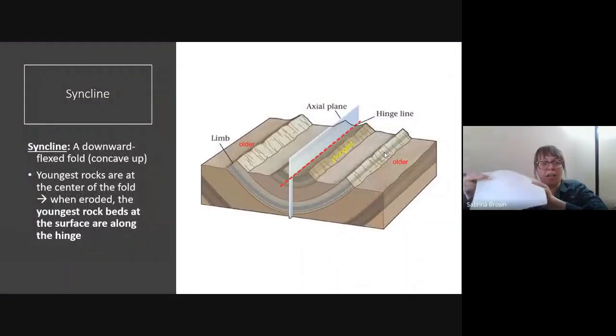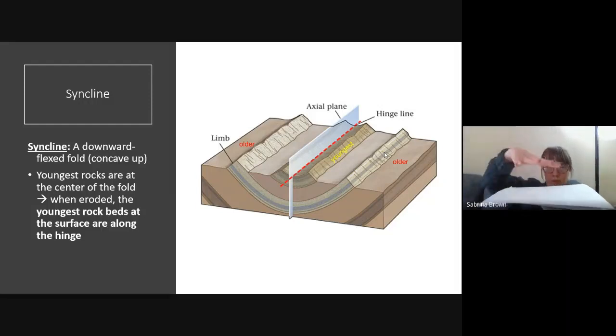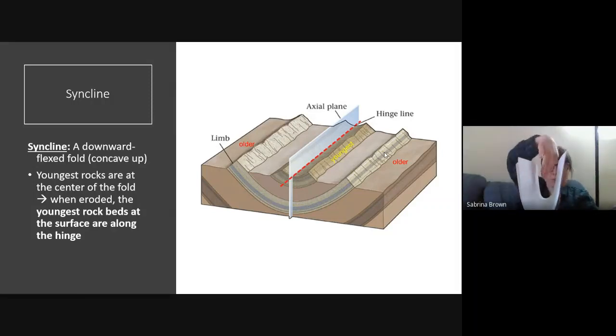Synclines are concave up folds. So they're like a U shape instead of an arch. With synclines, again, it's still this basic fold. But because the oldest layers are on the bottom and the youngest layers on the top, when we fold it up, what we now see is that the youngest layers are in the middle.